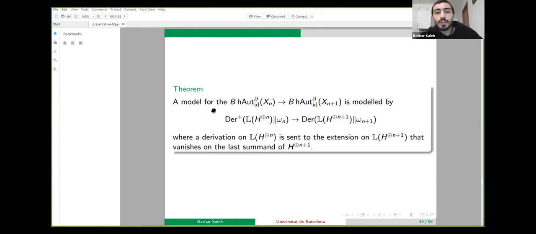So in particular, now we could model the stabilization map here by maps of derivations.